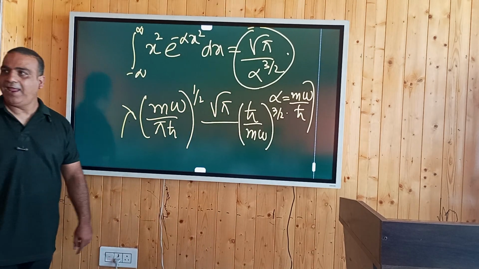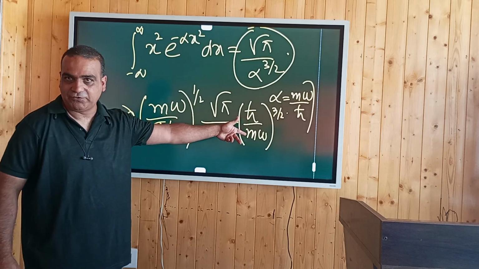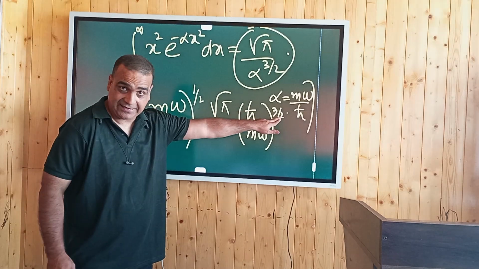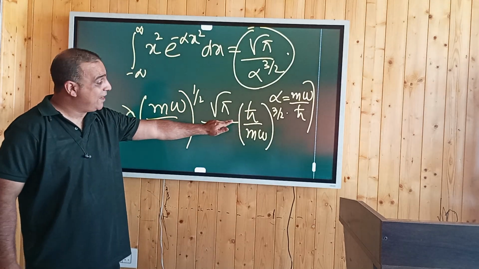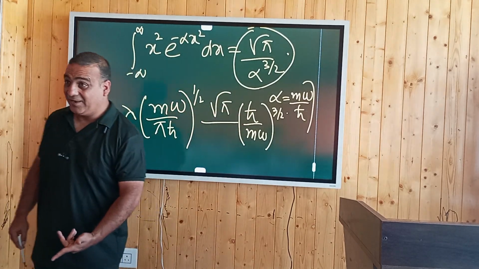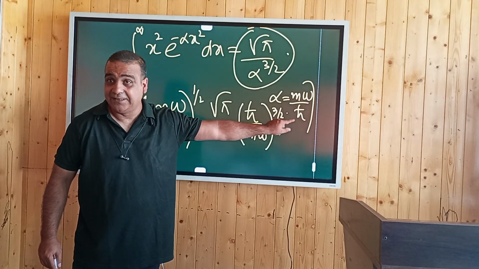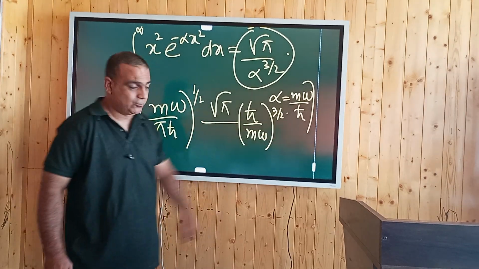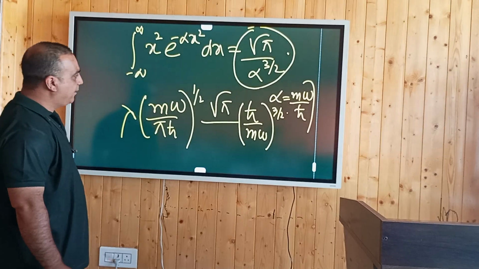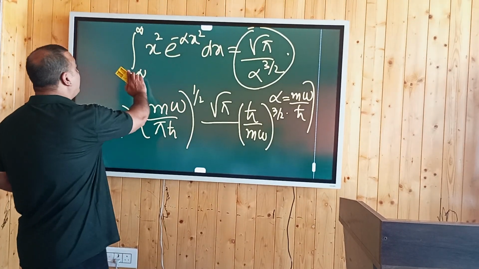Clear? So I have changed the numerator into the denominator. That's why I'm not changing the sign here. Instead of m omega by h cross, I have used h cross by m omega, so I'm not supposed to change the sign of the power of this bracket. That's why it's 3 by 2. Now, what should I do? I should open up the brackets.